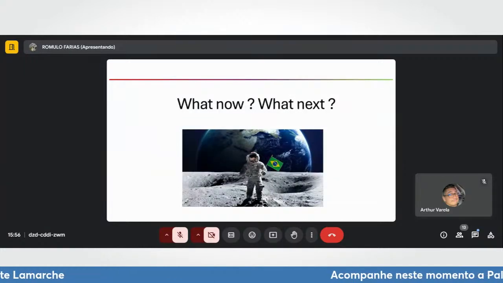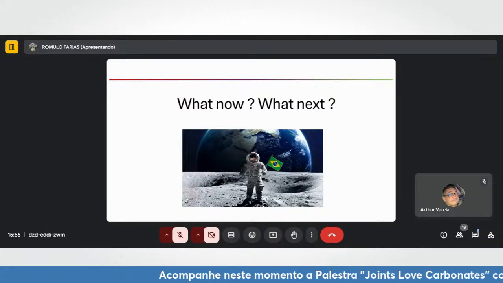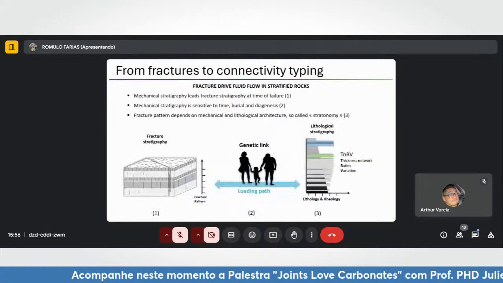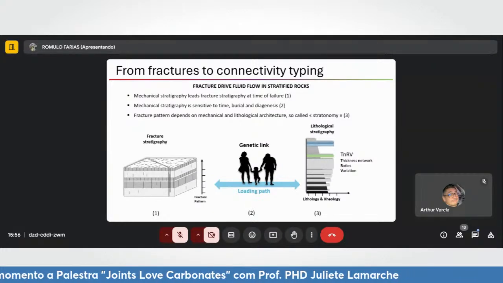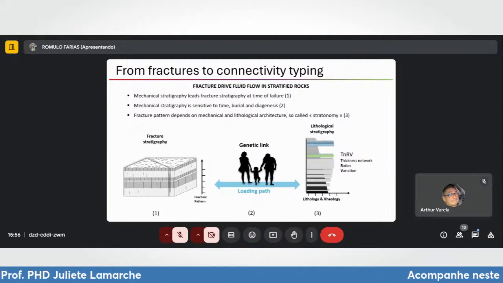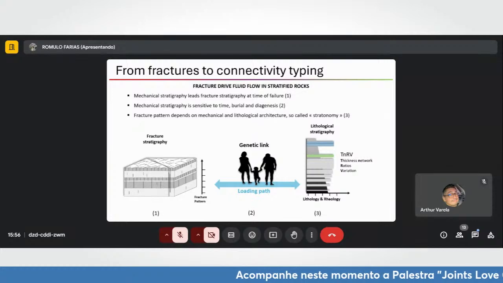What now? What next? So this will be my last slide. At the moment, I'm working on a project where I want to link the fracture facies to the lithologic, to the stratigraphic log. So there's a genetic link between the pattern of the fracture and the mechanical stratigraphy.